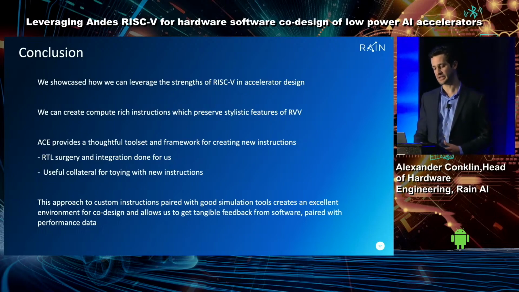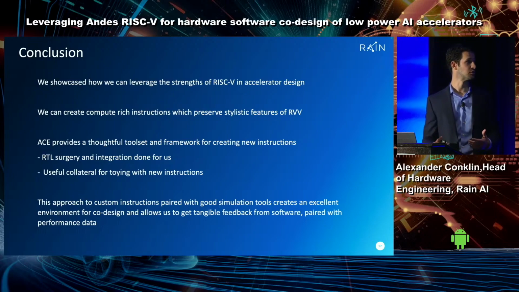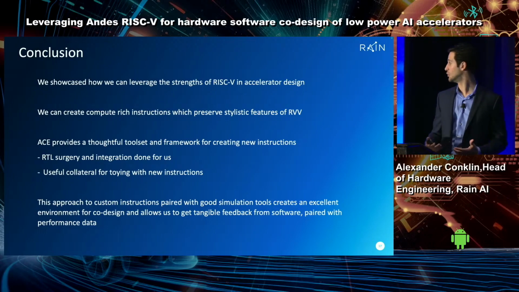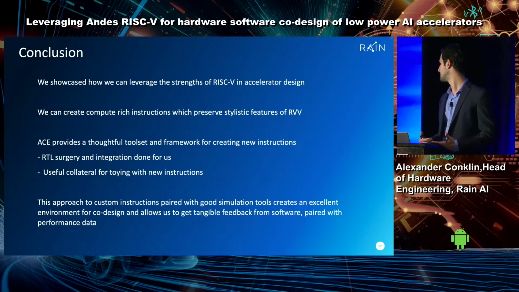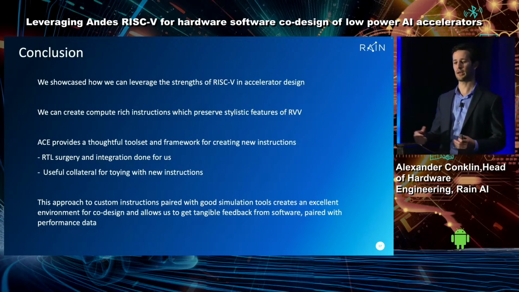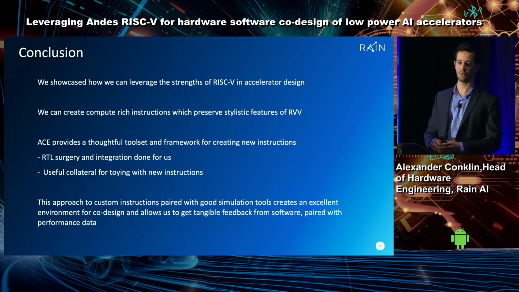And if we use this collateral correctly, we create a nice playground in which we can do hardware-software co-design. And we can get quick and tangible feedback. Hey, it might make sense to fuse another operation in this instruction, or it would be really nice if we could have masking support here.